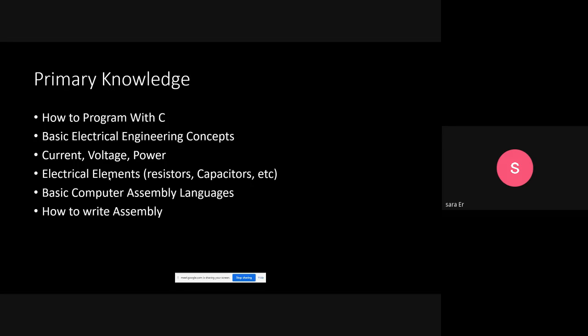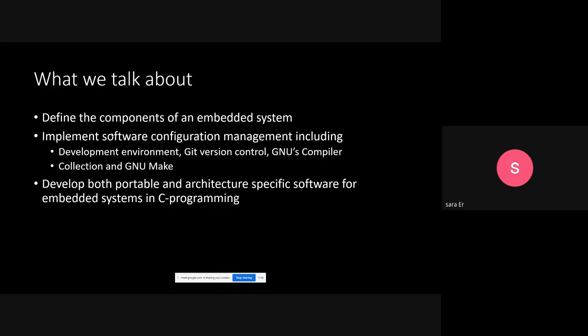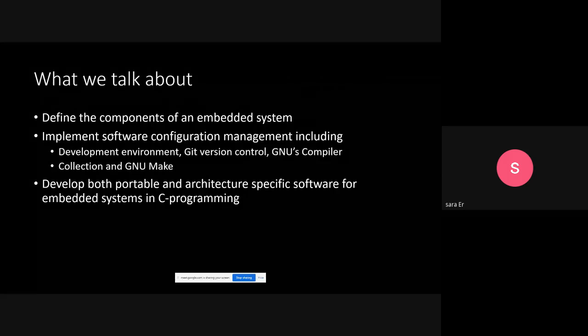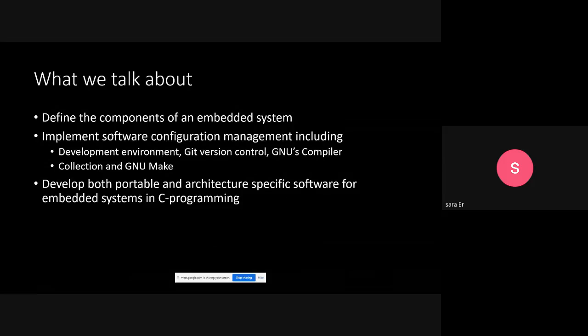I said that we write our code in the C programming language, but it is very important that you know the assembly language of the main microcontroller over the chipset, over the embedded system board. And we talk about all of them during this talk.